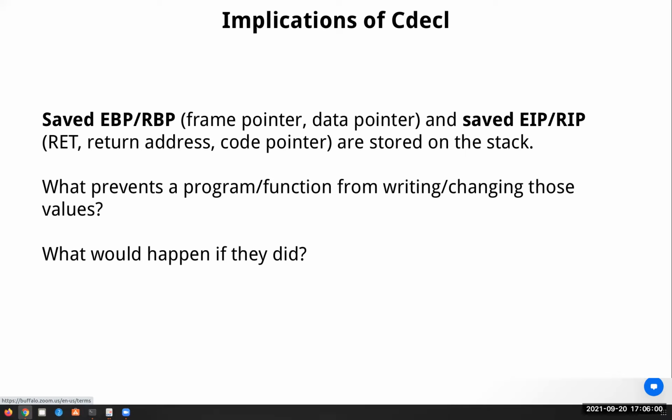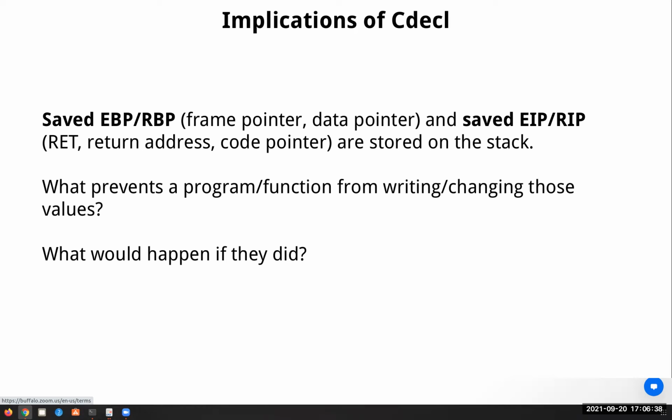Since it points to other places, it's a pointer, but it doesn't really point to code, so that's a data pointer. But that data pointer is somehow related to the previous function's return address, so it can also be used to change a code pointer. More directly, we have the saved EIP or RIP on the stack, which is the return address, and the return address is obviously a code pointer.